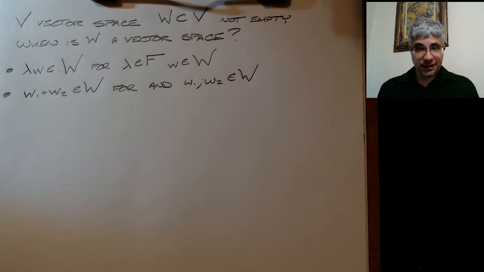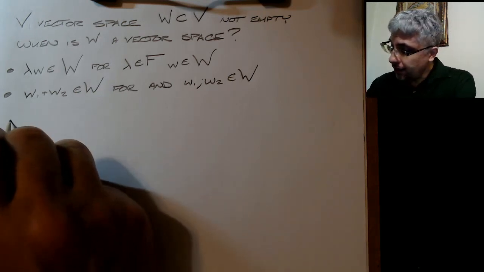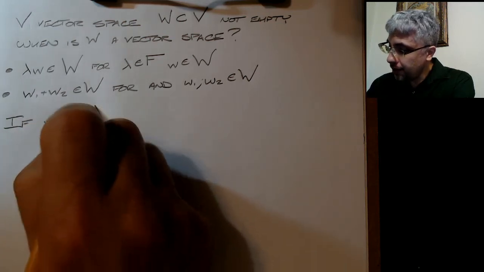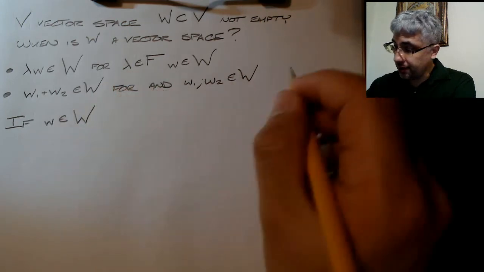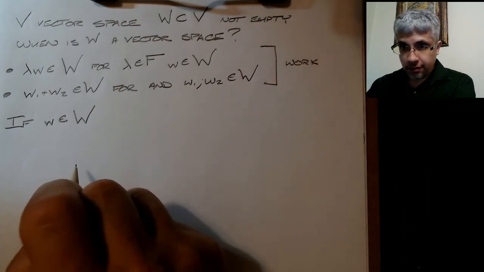But let's think about that for a second. You see, if W is in W, and we have these two rules, let's now assume we have these two rules. Let's say these work.